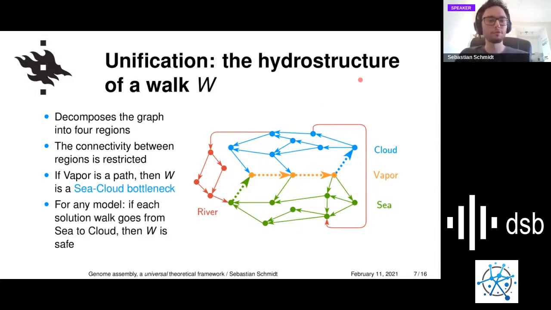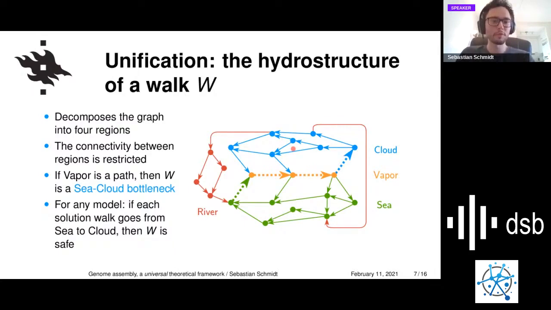And this is now very useful for our safety problems, because now for any model of genome assembly, if we can prove that each solution walk in this graph goes from C to cloud at least once, then we have proven that our walk W is safe. On the other hand, if there is some solution walk that does not go from C to cloud, then we have a counterexample, and then we know that W is not safe.